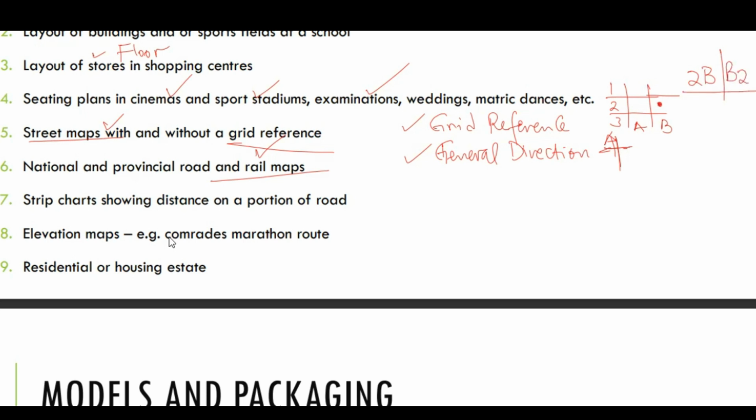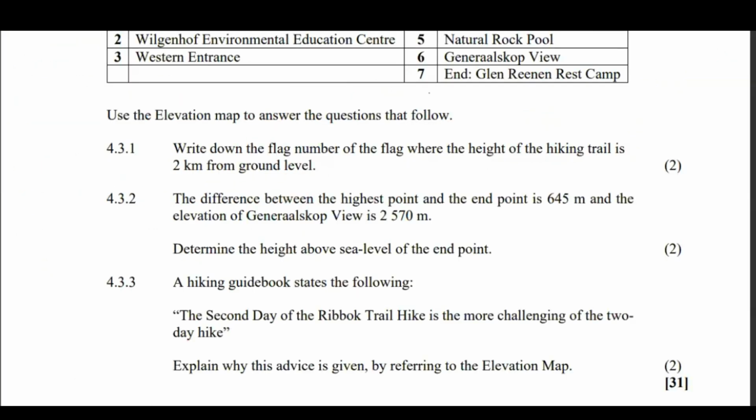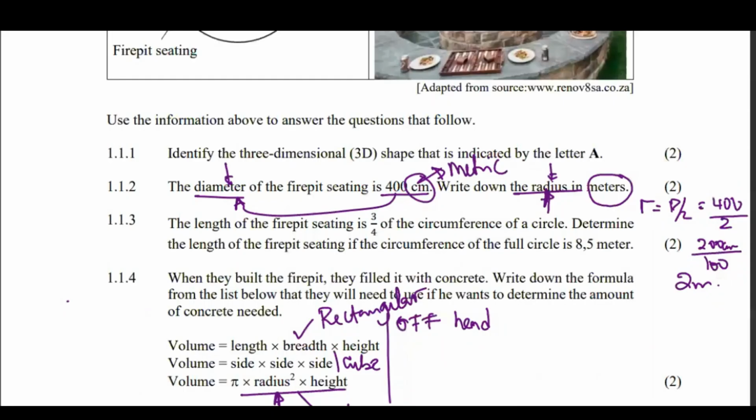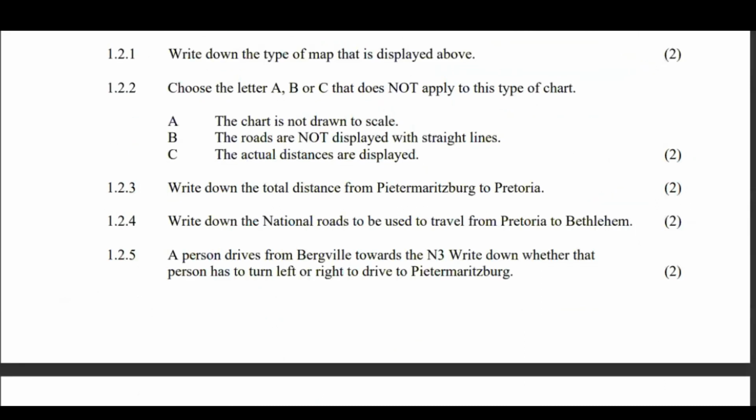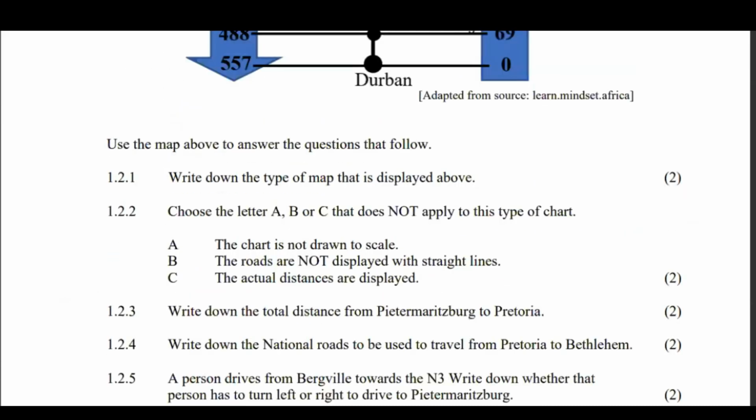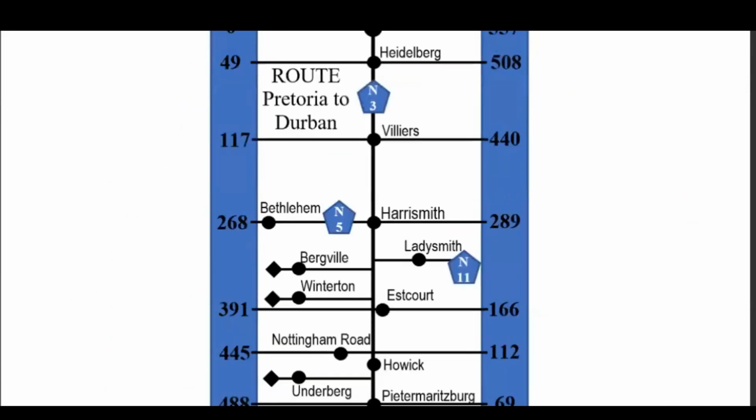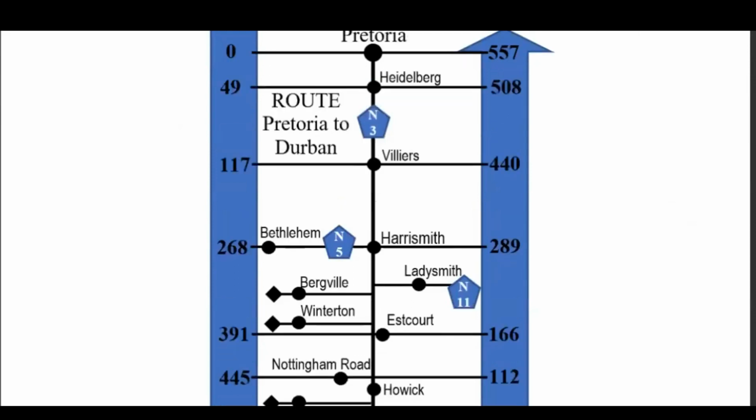The street chart I've just showed you was in question 1. That's how we know the street chart. This is what we call the street chart, or you can call it a route map because it shows a route.